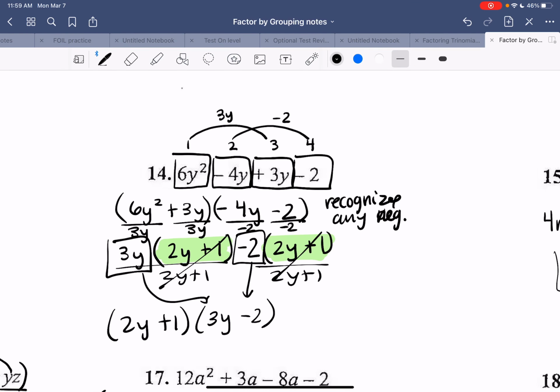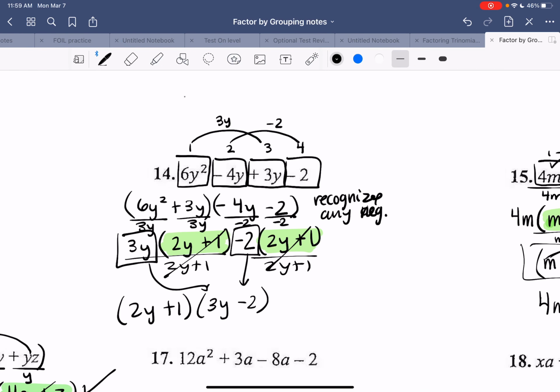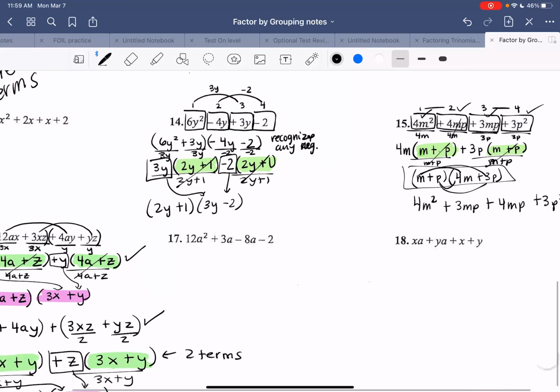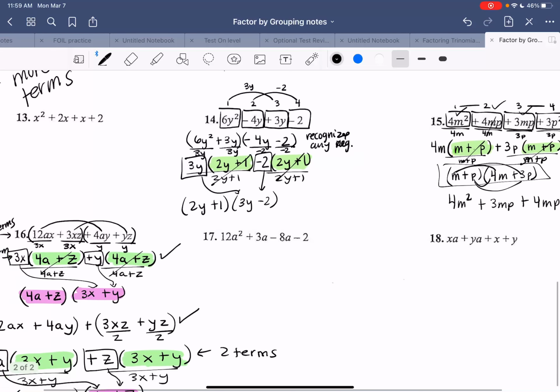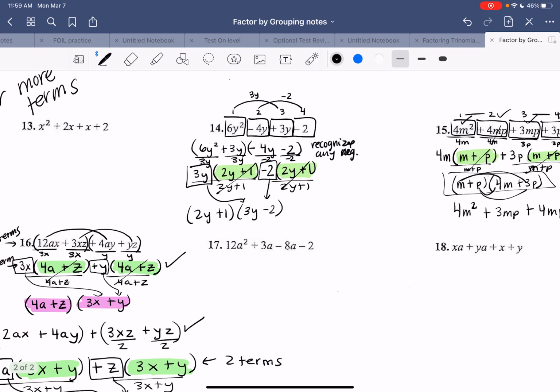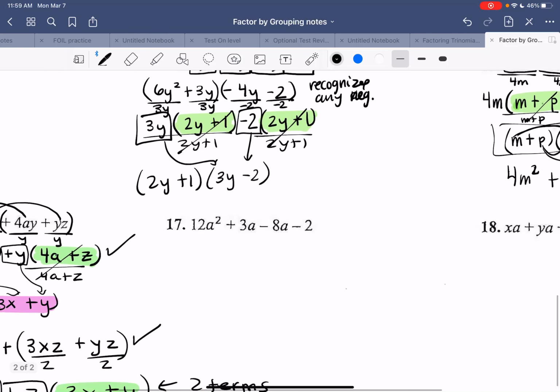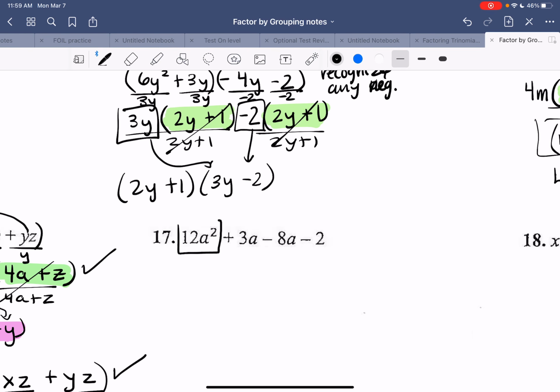Another one that may run into some issues is down here at number 17. Keeping my signs, I have terms 1, 2, 3, and 4, and I can make a group of 1 and 2 and a group of 3 and 4.